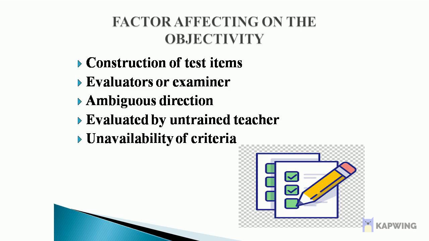Unavailability of criteria. Another factor which affects the objectivity of a test is unavailability of criteria. If the subjects do not have any criteria to perform the task, then they may not be able to perform the task in a capable form.